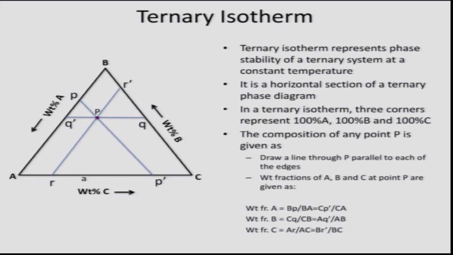Let us consider an example of point P here. For doing this, I first draw 3 lines passing through point P which are parallel to the 3 edges of the triangle. I have drawn line PP prime parallel to side BC, QQ prime parallel to side AC, and RR prime parallel to side AB.